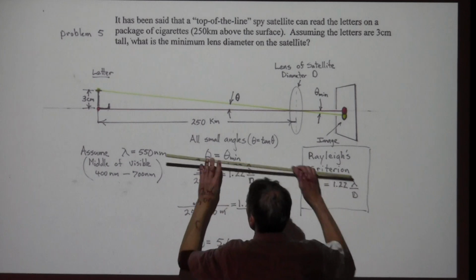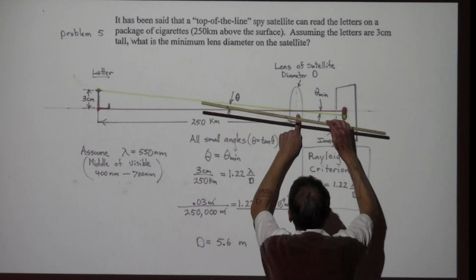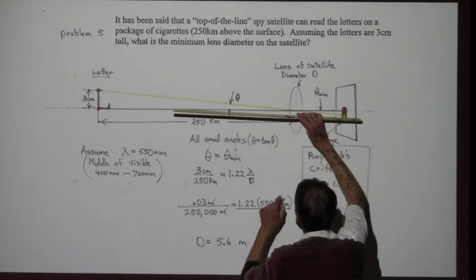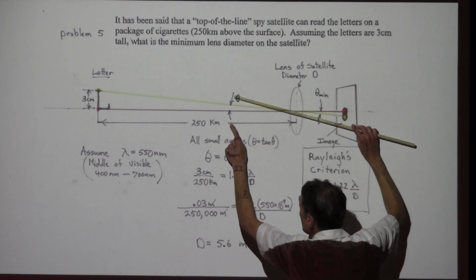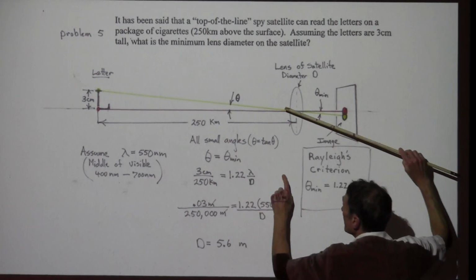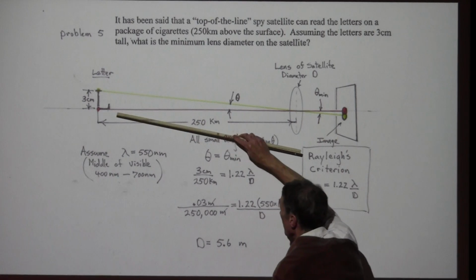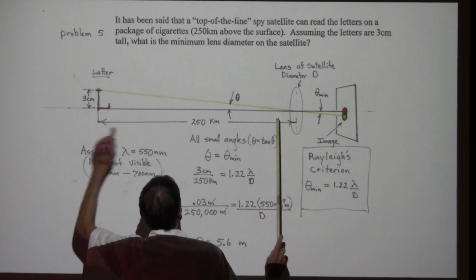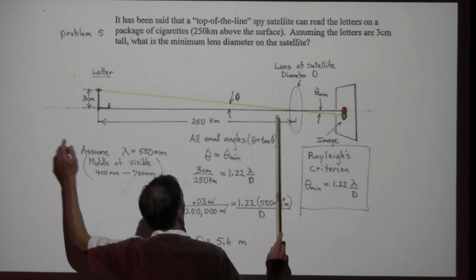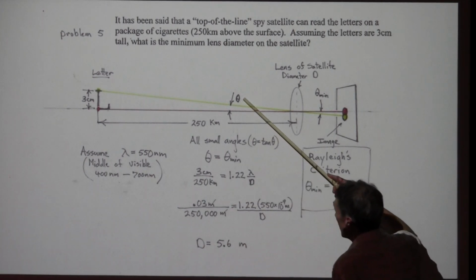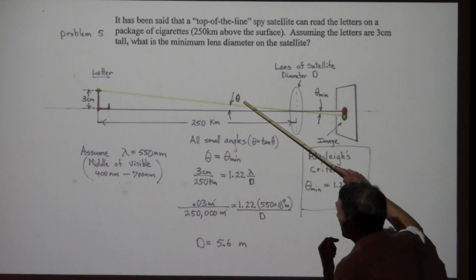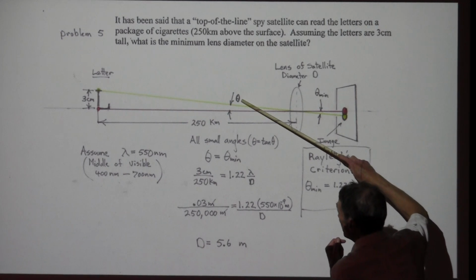And if you look at this green line that comes straight through the center here, and the red line that comes straight through the center, this angle here is the physical angle that we're looking at this letter. This, again, is 250 kilometers away, so it's going to be a small angle also. So we can probably use small angle approximations.